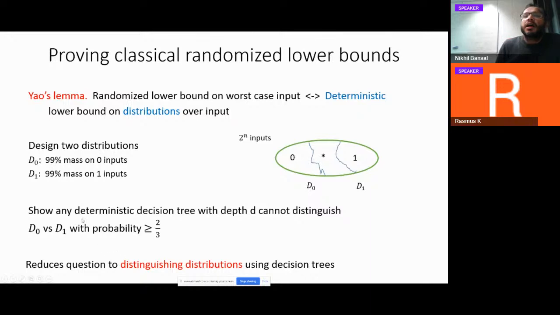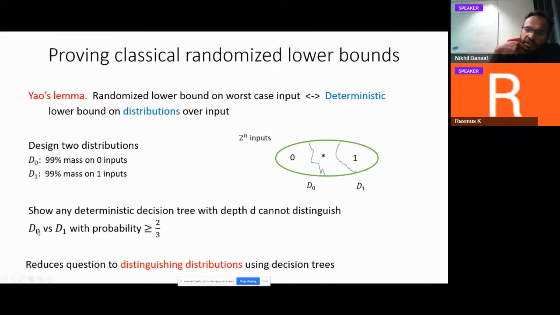Now, if you could come up with these two distributions, which are very far apart in terms of how the correlation function evaluates on them, and you could show that any deterministic decision tree of low depth D cannot distinguish between them, then you have proved a randomized lower bound.